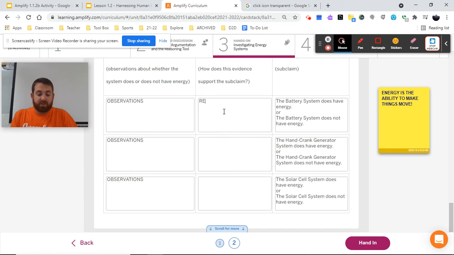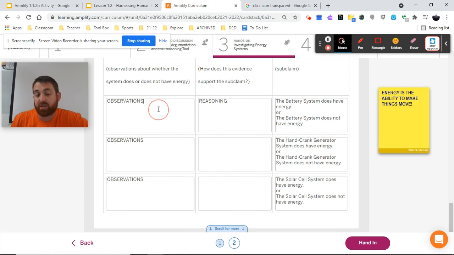In the reasoning section, this is where we're going to be putting an explanation as to how our observations show that the battery system does have energy. This is where we need to pull in our big ideas, and more specifically, our definition here of energy.